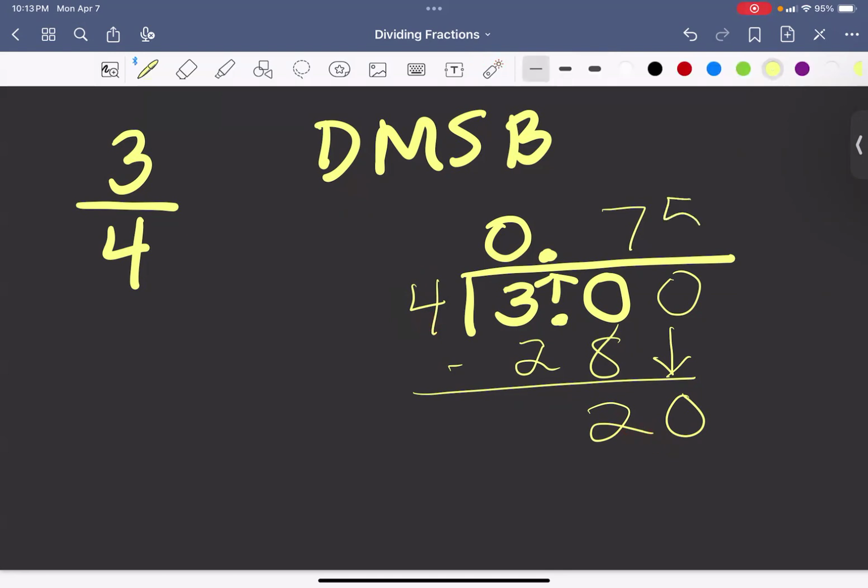I'm going to multiply. 5 times 4 is 20. Subtract, S. 20 minus 20 is 0. So our answer is 0.75, or we can say 75 hundredths.